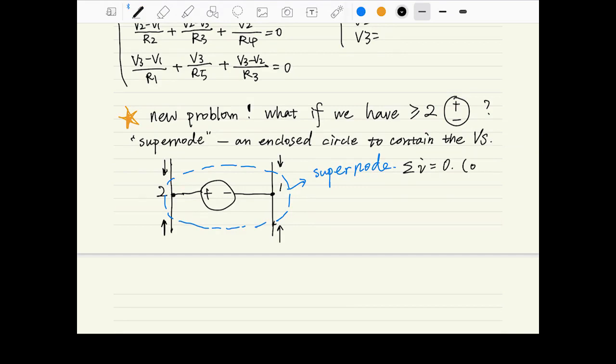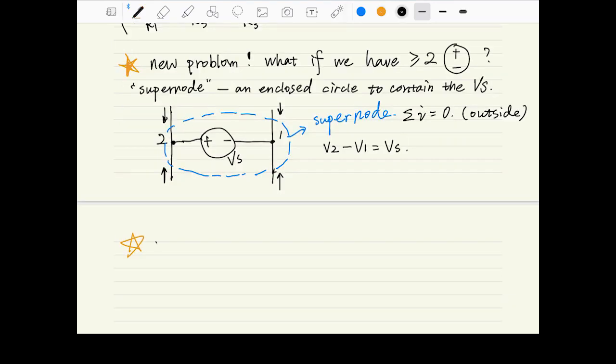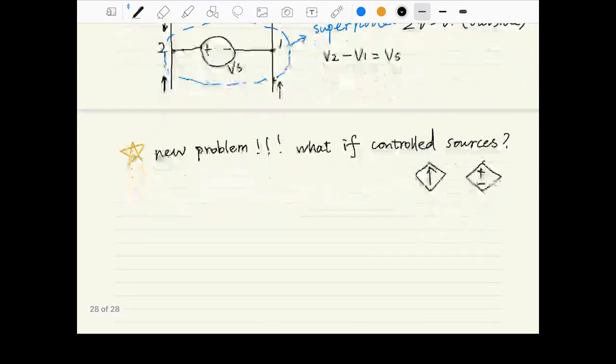That's why we need to introduce a concept called supernode. So a supernode basically means that you draw an enclosed circle to contain the voltage source, something like this. And you say that the whole thing is a node because it's super big, so it's called a supernode.